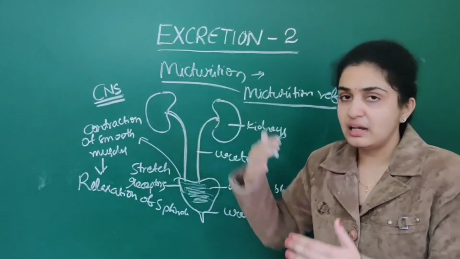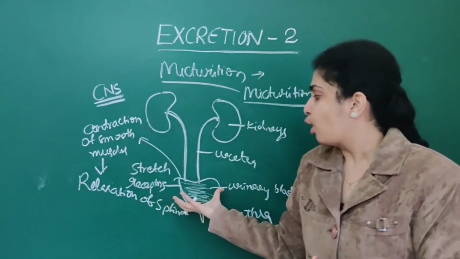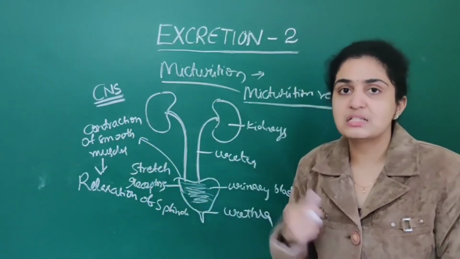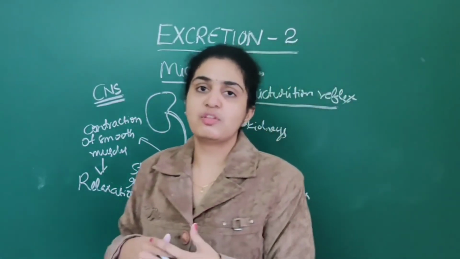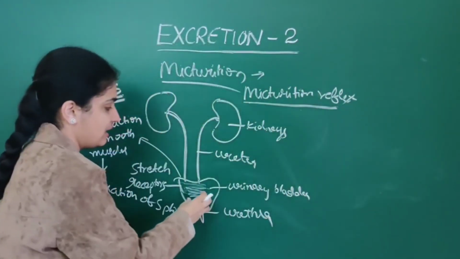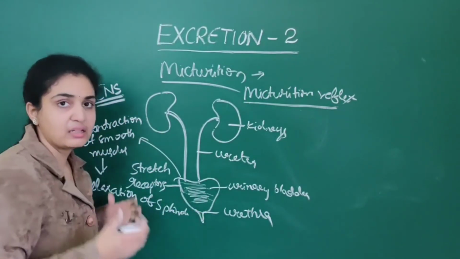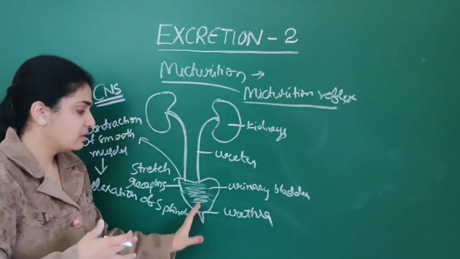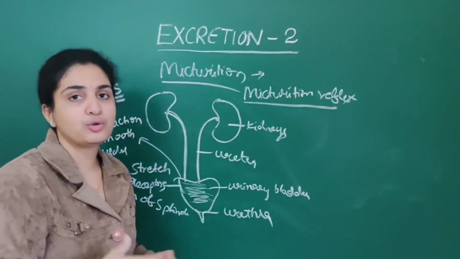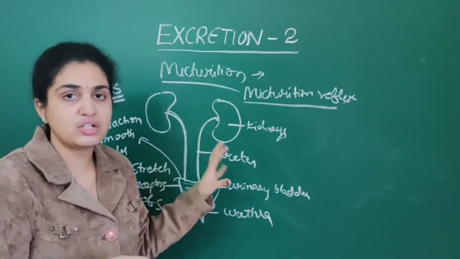The CNS sends back signals, which helps in contraction of the smooth muscles of the bladder. After that, there is relaxation of the urethral sphincter, and finally the urine is passed out through the urethra. This full process is known as micturition.